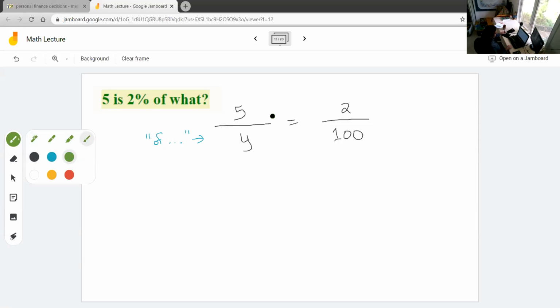Then that nice shortcut, I can multiply the two numbers that are diagonally opposite each other. I can divide by the lonesome one that's opposite the y.